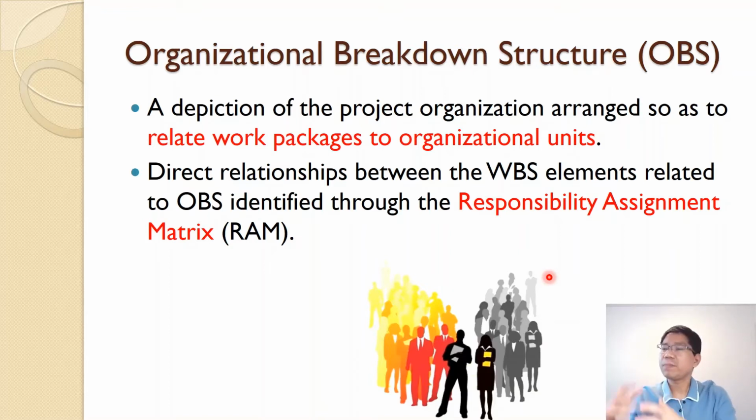What does that mean? You have what is to be done, you have who is going to do it, and the interface between those two. So you see the responsibility: this individual, this unit, this company is going to take care of a certain type of work. And that interface we call the responsibility assignment matrix.